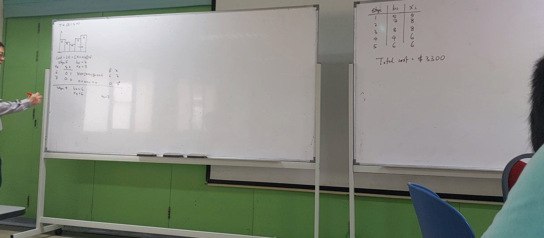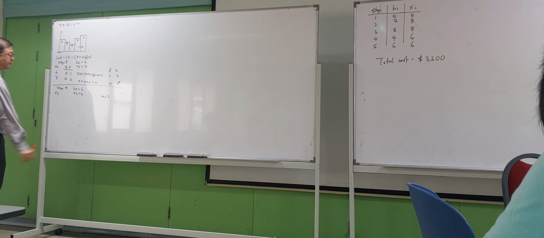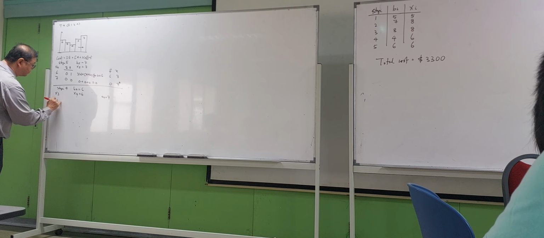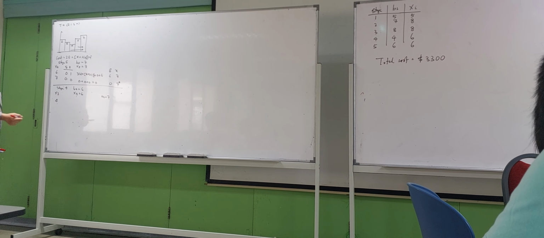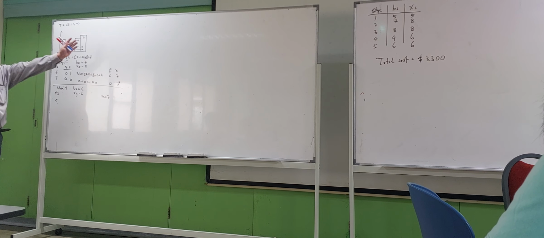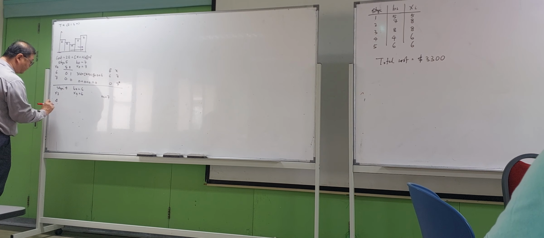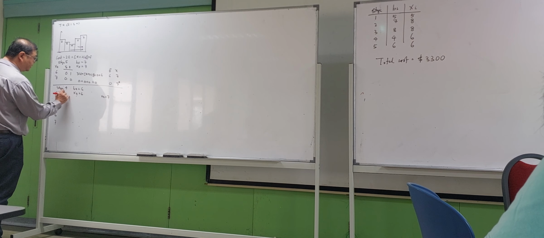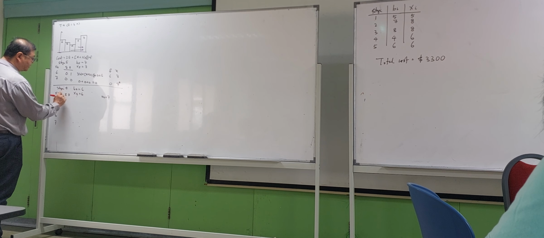Okay, then we look at X3. So X3, you start with 4. Then you look to the right. What is the maximum? You look from here to the right. 7. 7, not 6, common error. So 4, 5, 6. Okay. Then on each of these, we consider the excess higher.